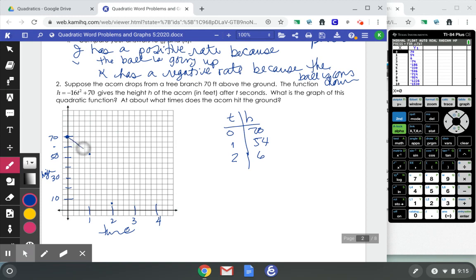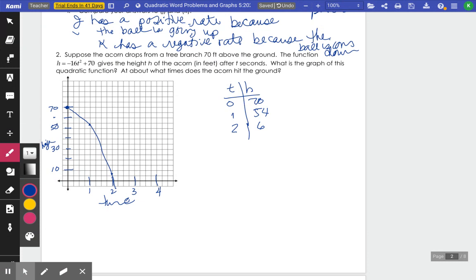So this is going to come down like that. Again, I'm thinking about when I do this graph, what makes sense. And it only makes sense to look at our positive values. It says, about what time does the acorn hit the ground?